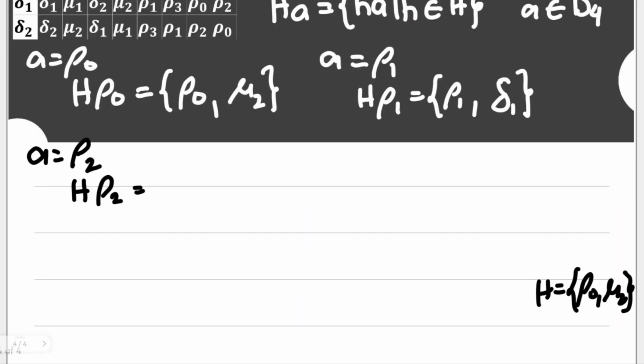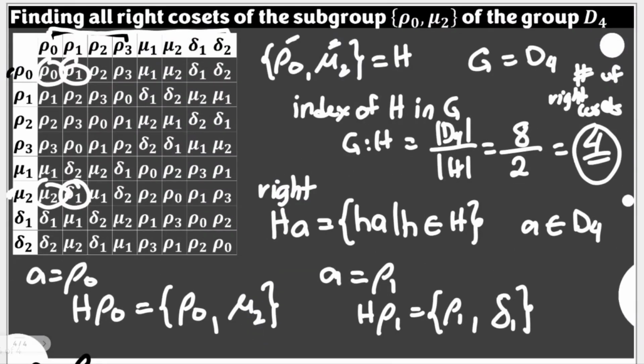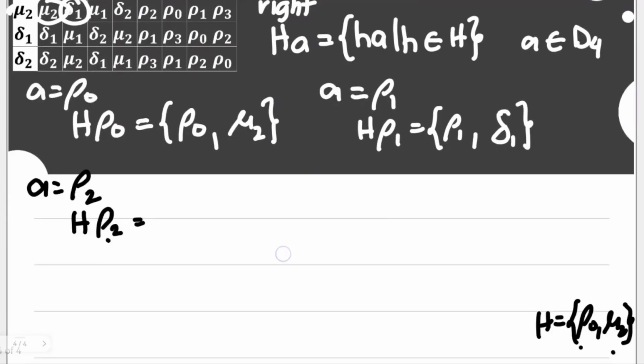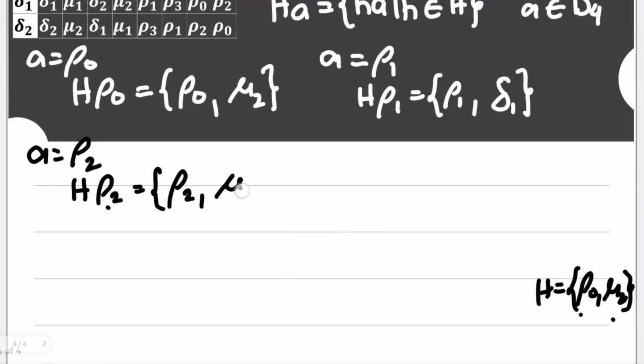So we're going to operate this 2 with rho sub 2. So rho sub 0 and rho sub 2 is rho sub 2. And mu sub 2 and rho sub 2, that's mu sub 1. So we already have the third unique right coset.